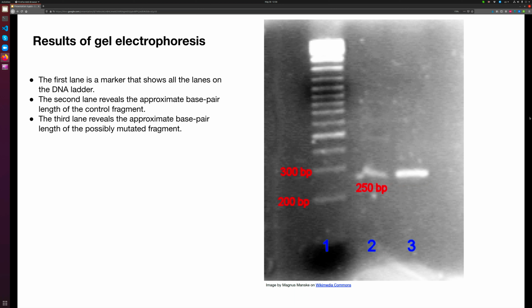They match perfectly. So you can see that the 250 base pairs match perfectly. So there is no mutation in this individual.